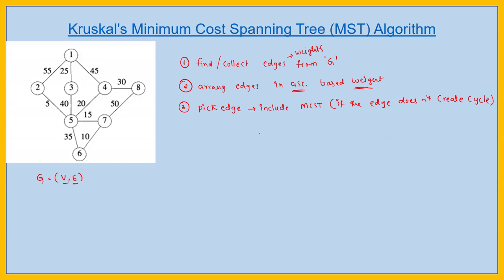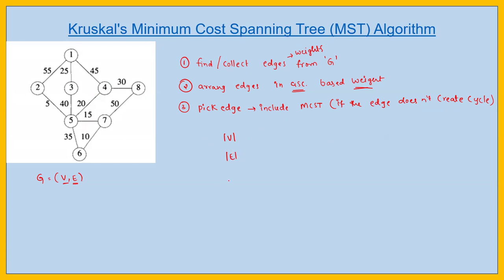After completion of this, we need to test whether the generated graph is a minimum cost spanning tree or not. For that, we need to test how many vertices are there in the generated tree and how many edges are there in the generated tree.